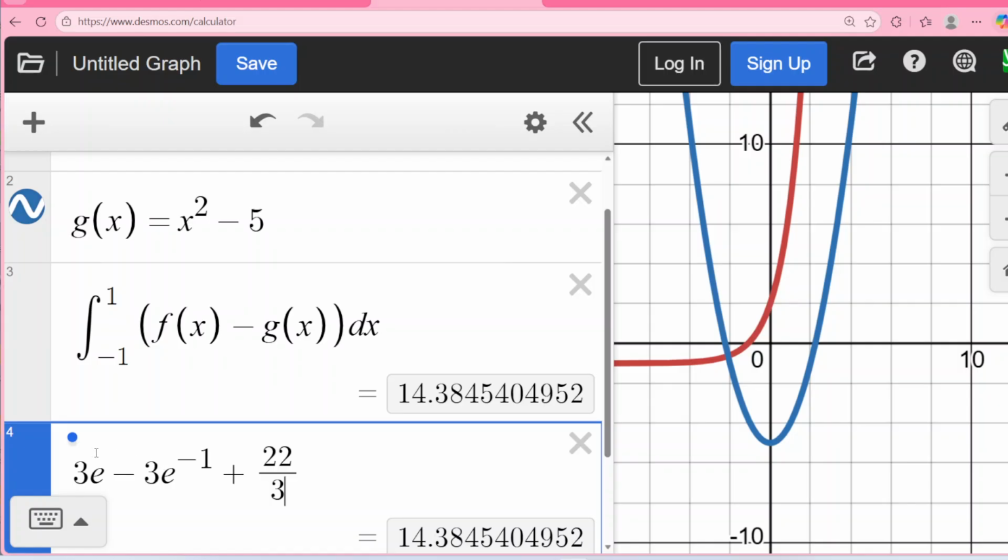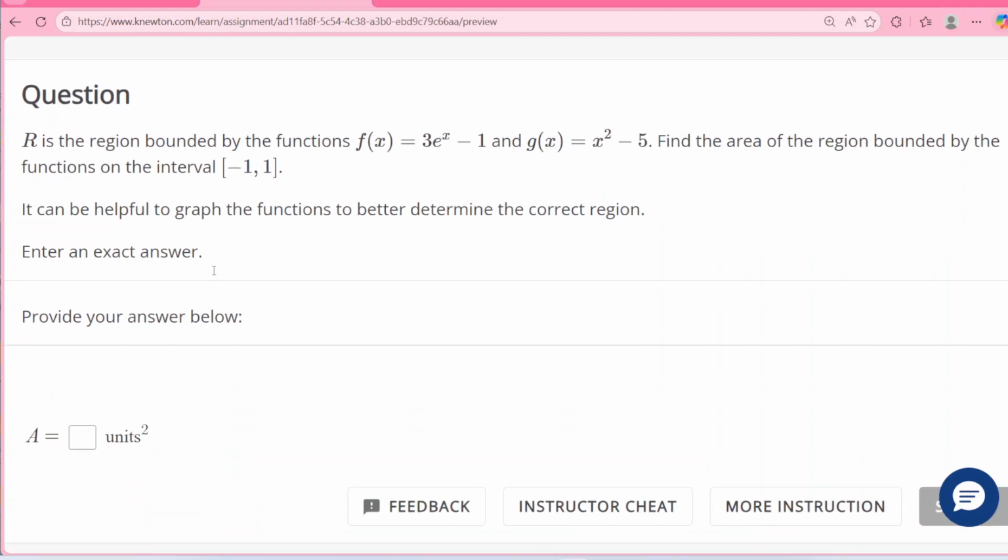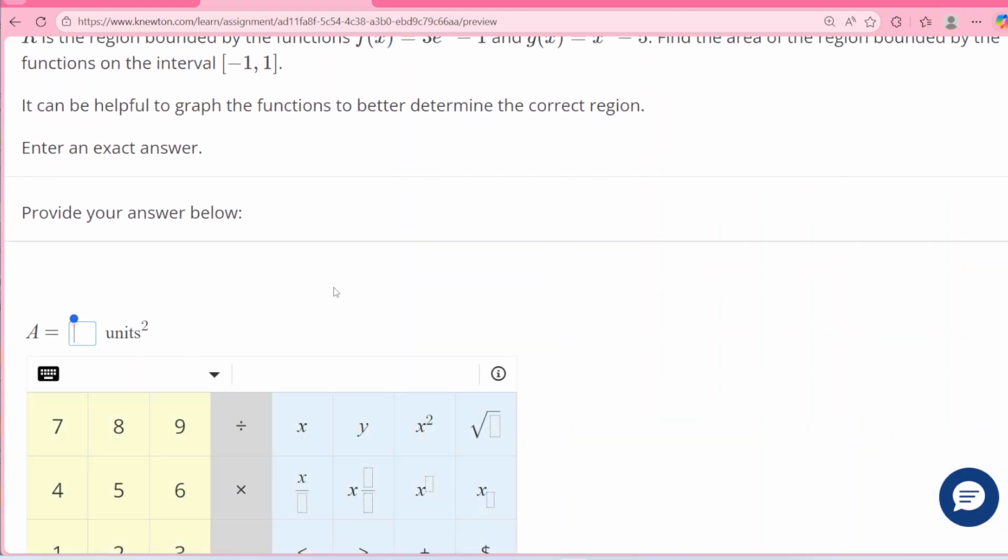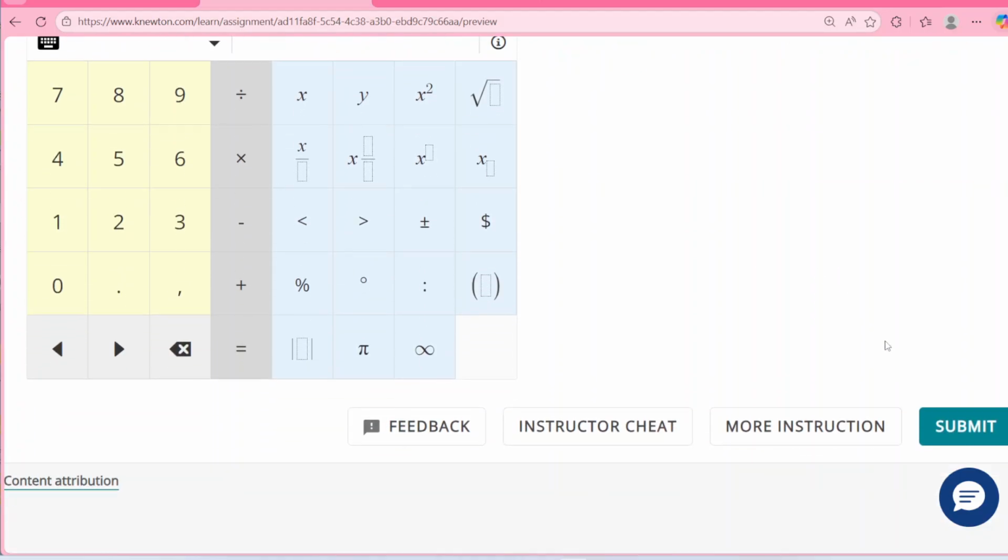So again, I'm pretty confident that this is the exact answer. So again, that's what I'm going to be typing in down here, right? The area of that region, this capital A they're talking here, is 3e minus 3, I'll just put 3 over e, that's faster to type, 3e to the -1, and then plus 22/3, and this should be good.